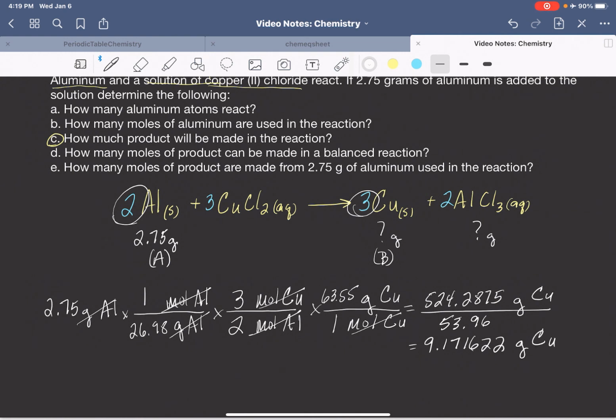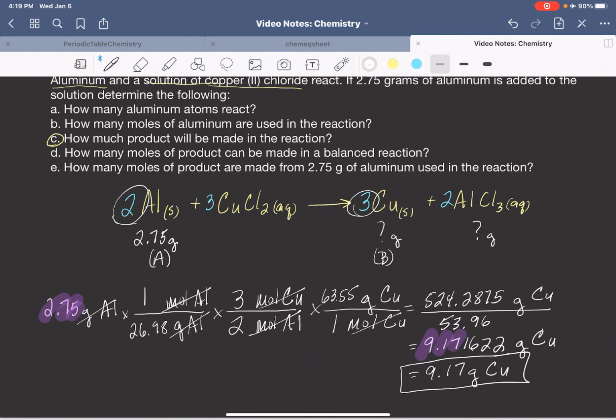We just need a few extra to help us evaluate this. 3 sig figs, 1, 2, 3. That 1 after the 7 will not round it up, so we're looking at approximately 9.17 grams of copper. That's how much copper would be produced in this reaction. Okay.